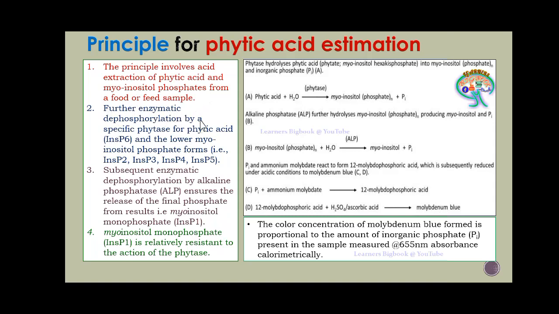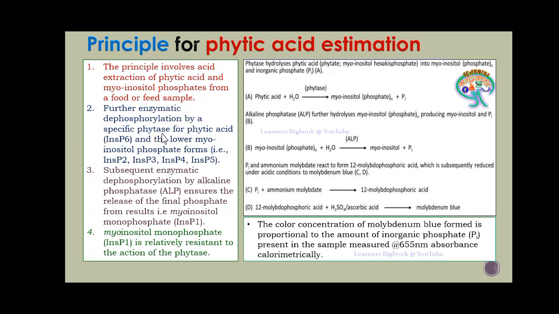So enzymatic dephosphorylation is done, where a specific phytase enzyme is used on phytic acid to give the lower myoinositol phosphate forms. The IP6 treated with phytase gets degraded to IP5, IP4, IP3, IP2, and then IP1, because of the phytase enzyme.